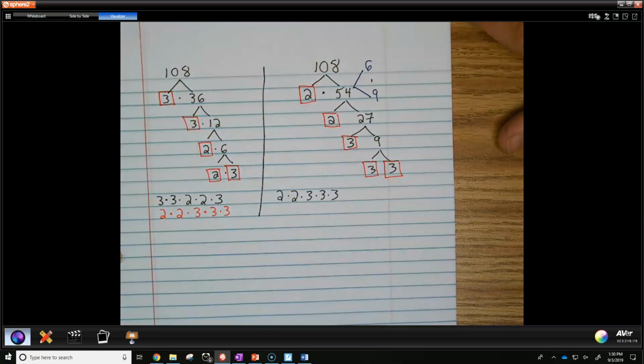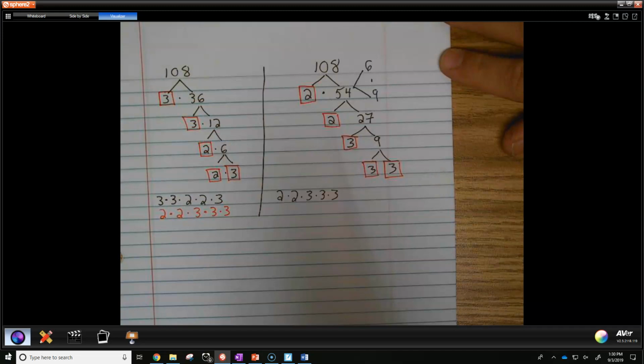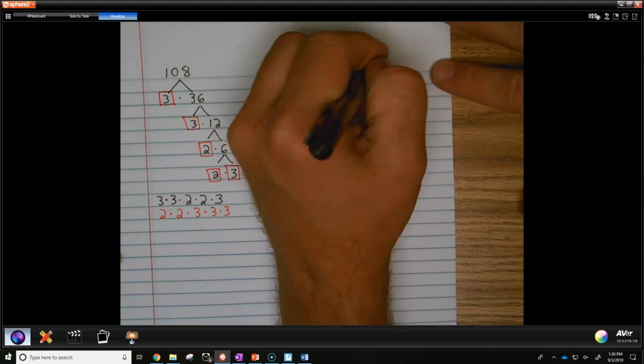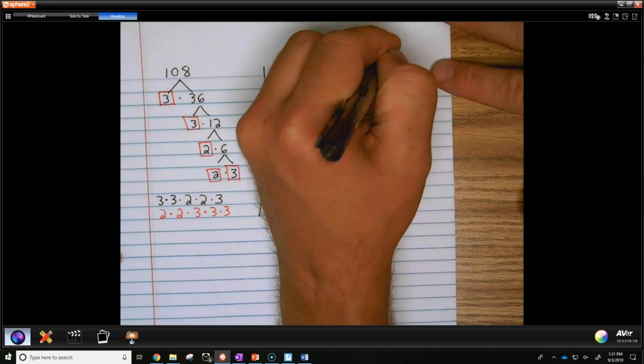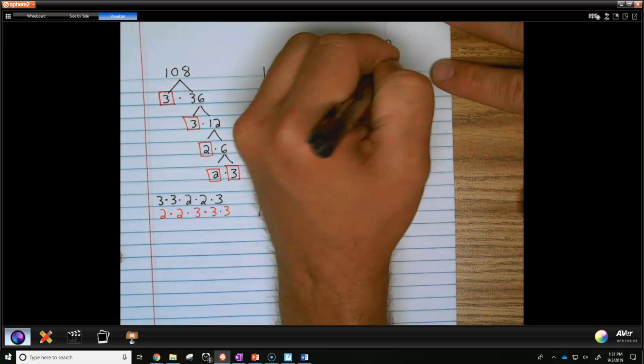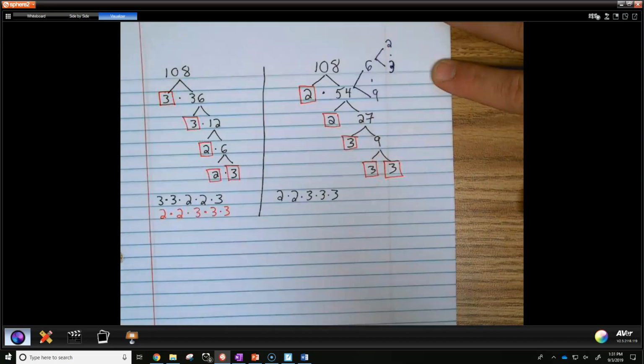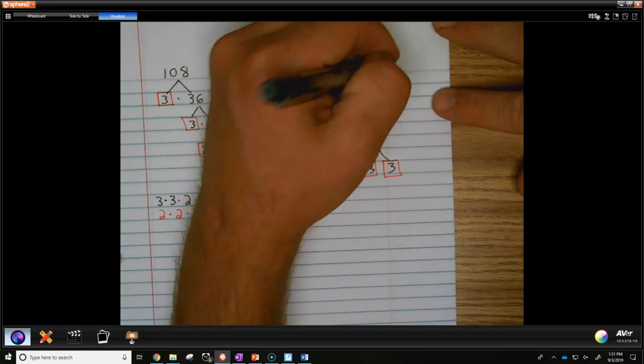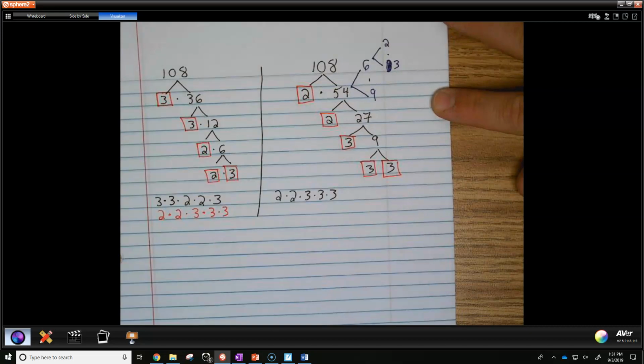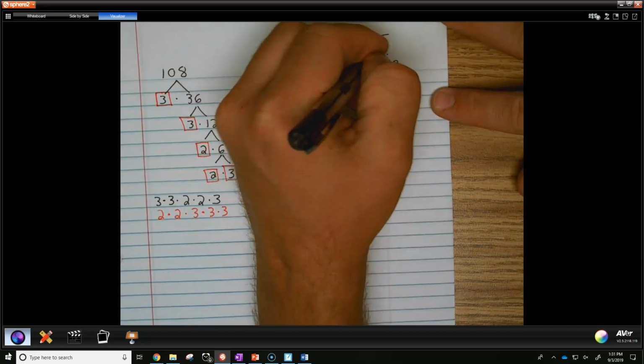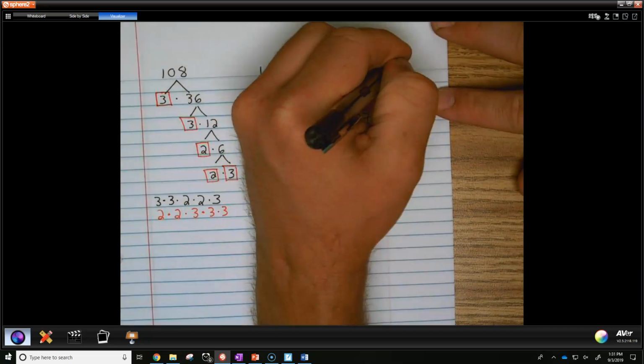Yeah. Okay? 6 is a composite number, so 6 would have been 2 times 3. Which means 2 is prime, 3 is prime.